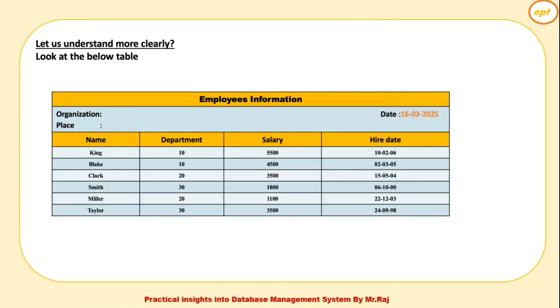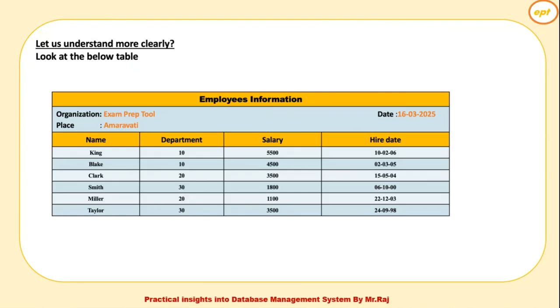Are you able to understand how I am converting the raw data into meaningful information? Now which organization, and what is the place of that organization? If I say this data belongs to the organization called Exampreptool, and the place is Amaravati, now it has a clear meaning or not?